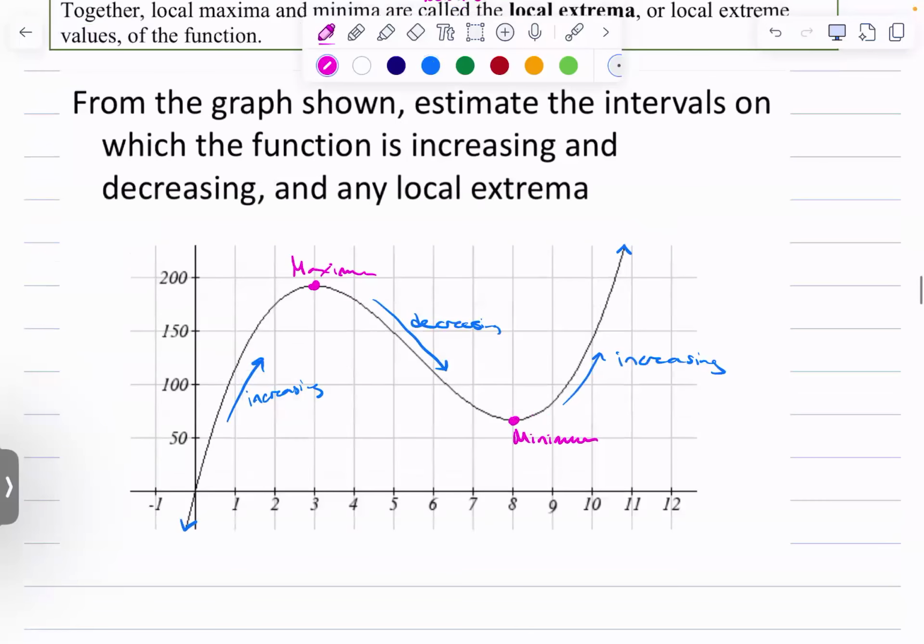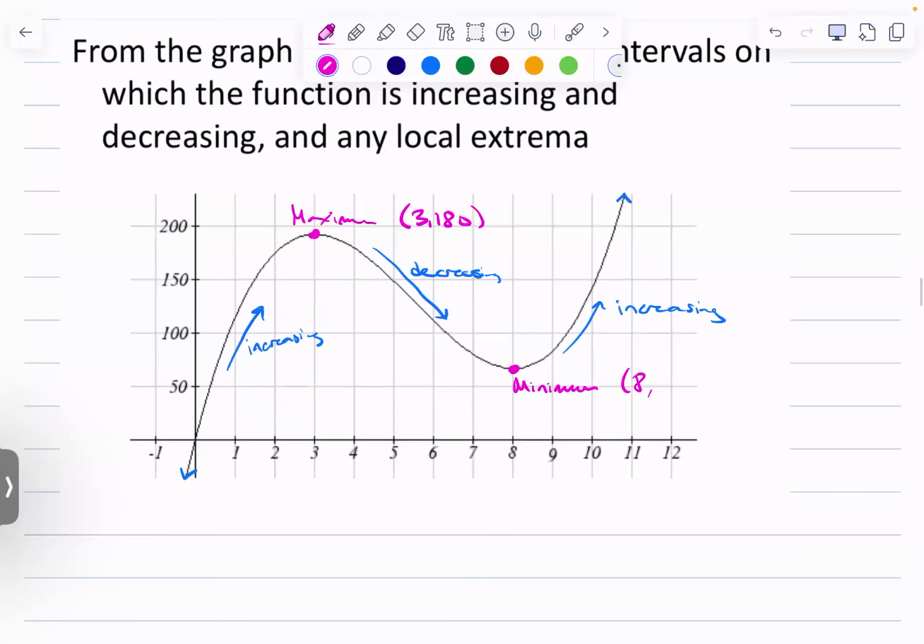My maximum seems to be at 3 and roughly, let's say 180. Kind of hard to tell, ish. Like I said, we'll be generous. A minimum is at 8.